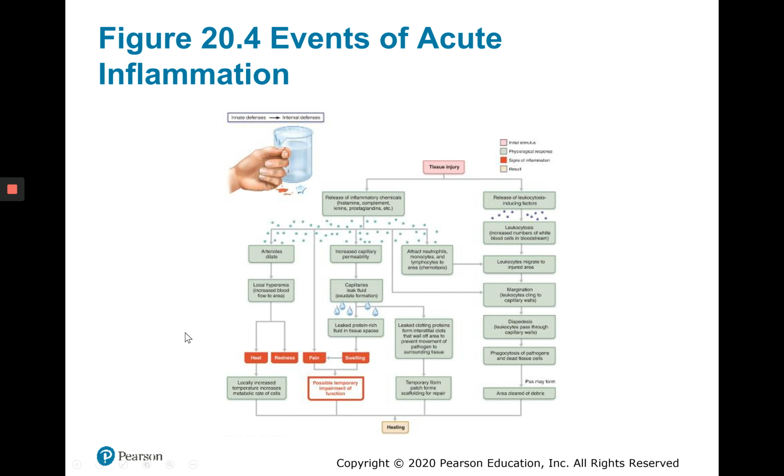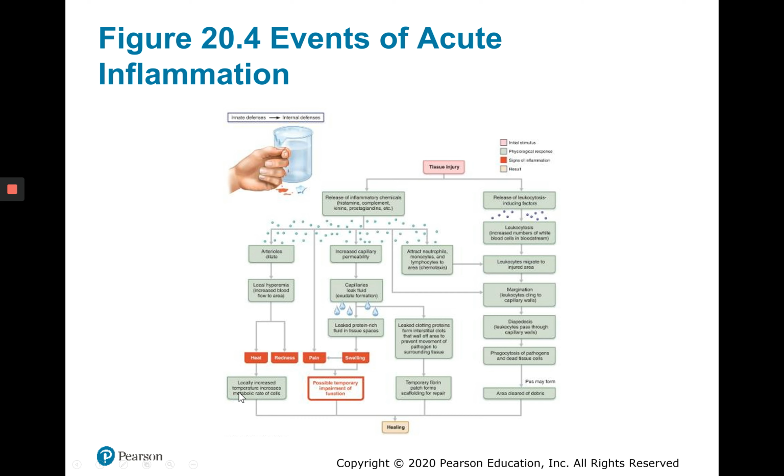So over on this side, not only do we see the chemical alarm causing certain processes, but we see how it leads to the four cardinal signs of acute inflammation. You need to know the four cardinal signs of acute inflammation, and you need to know how they are caused. But heat, redness, pain, and swelling are the 4 cardinal signs of acute inflammation.